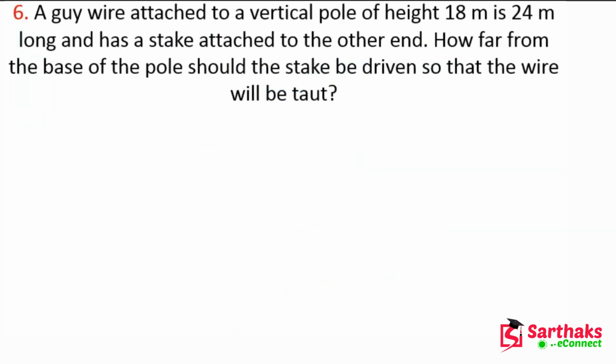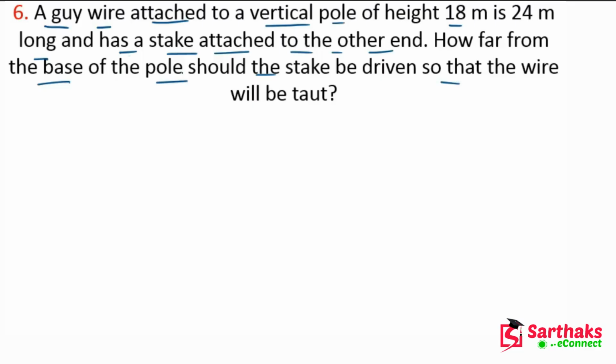Question number 6 is a guy wire. A guy wire attached to a vertical pole of height 18 meter is 24 meter long and has a stake attached to the other end. How far from the base of the pole should the stake be driven so that the wire will be taut?